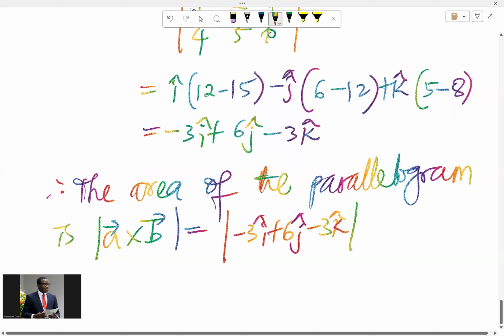We know how that goes: we take the square root of the sum of the squares of the components, and then we evaluate.